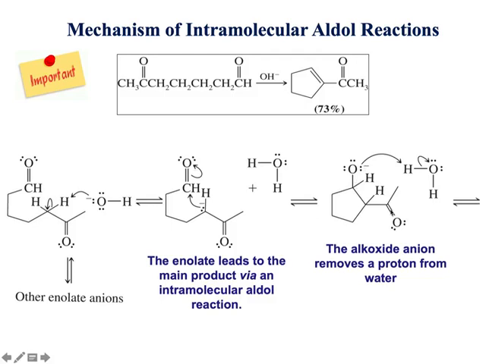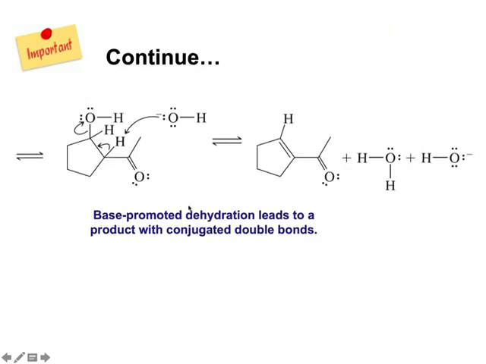Here there are no lone pair because of this condition. The nucleophile attacks this electrophile, so it forms a cyclized product, an alkoxide anion. Now with the alkoxide anion, the next step is to abstract this proton to get the aldol product here.